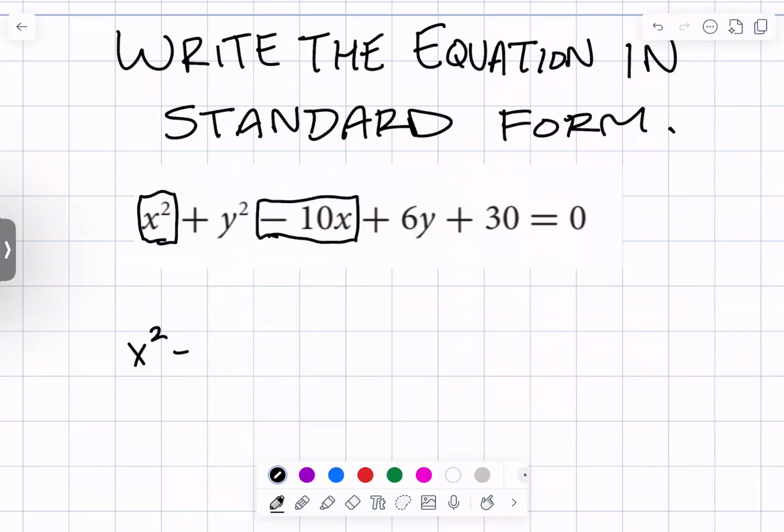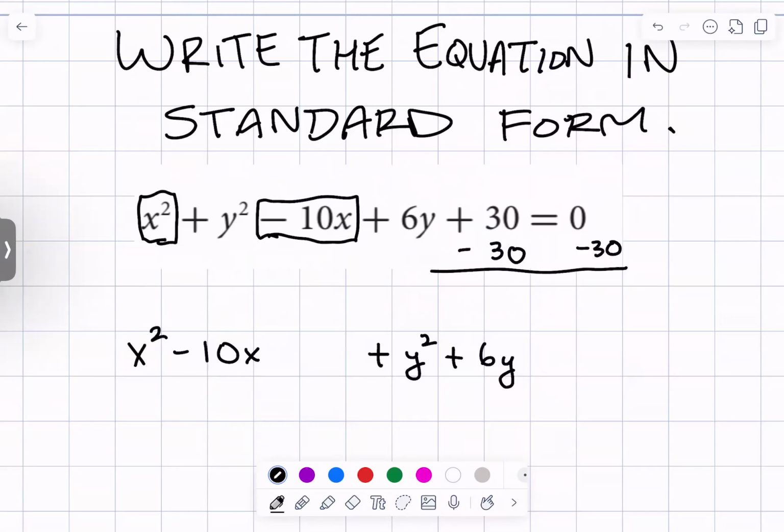x squared minus 10x. I'm going to gather my y's. Notice that I left a little space there because we're going to use that space in a little bit to complete the square. So I gathered my x's, I gathered my y's. If there's a constant, I'm going to move it to the other side. Okay, so if I do that, then I have equals negative 30, right?